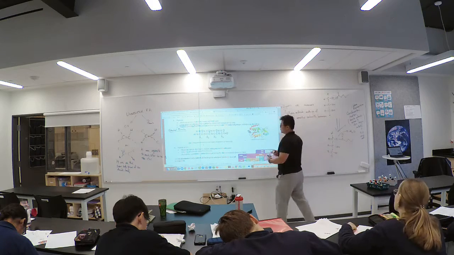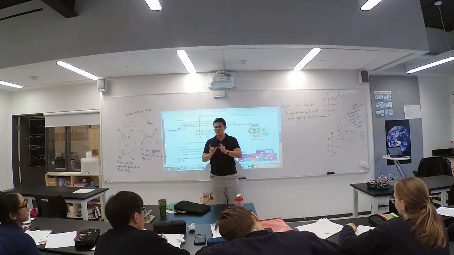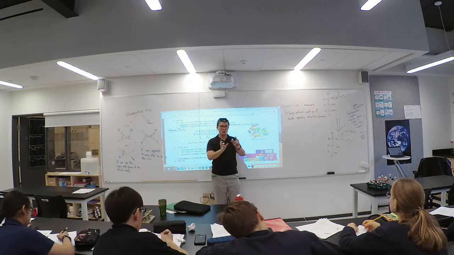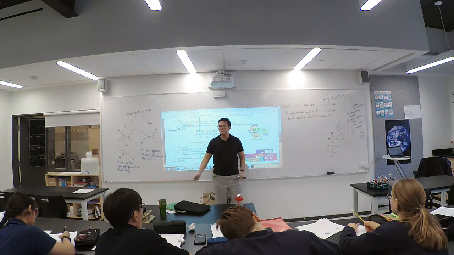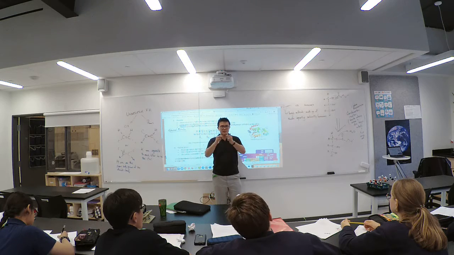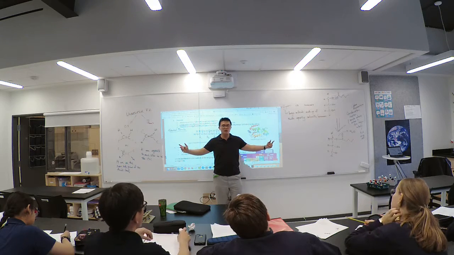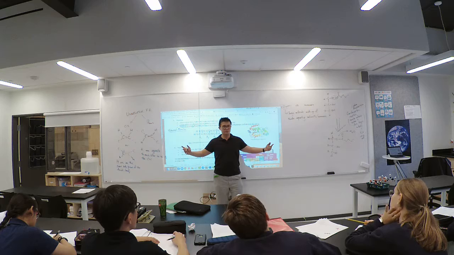So monomers are the smaller subunits. When you have a whole bunch of these smaller monomers connected together, you have a polymer. Starch, for example, is a polymer of glucose.